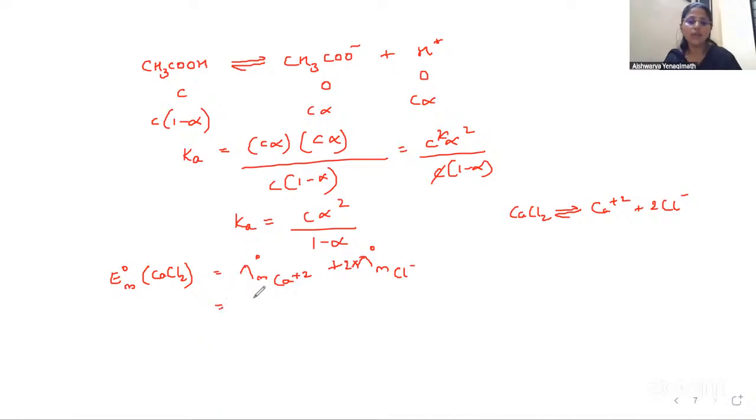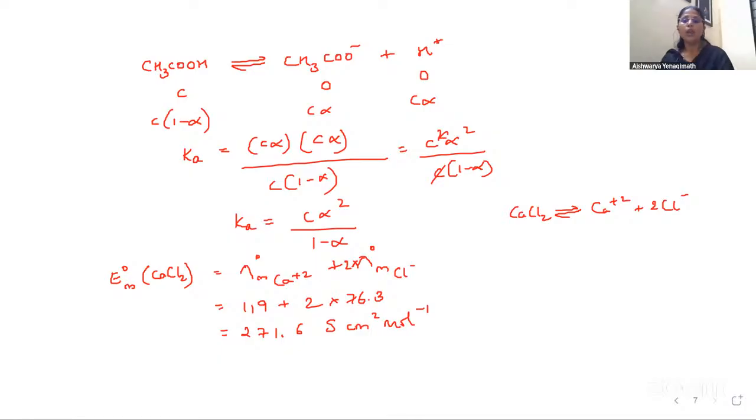From the table, we know that the limiting molar conductivity of Ca plus 2 is 119 plus 2 into the limiting molar conductivity of Cl minus, which is 76.3. This you solve out, it comes out to be 271.6 Siemens centimeter square per mole. Cleared with this? So this is how you find the limiting molar conductivities.